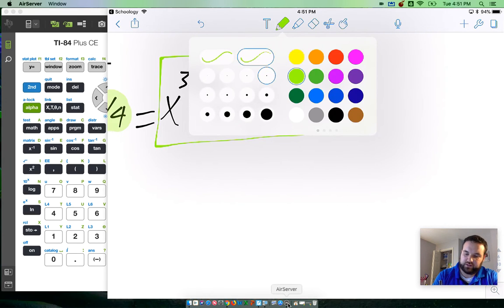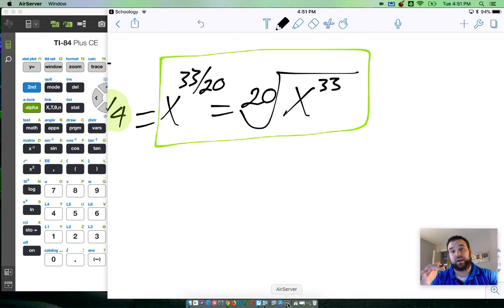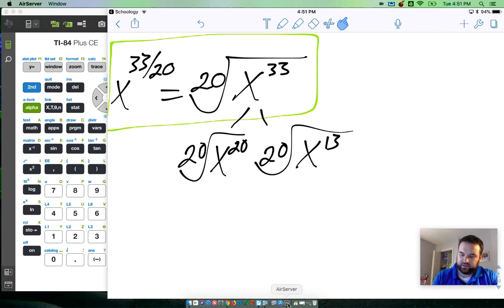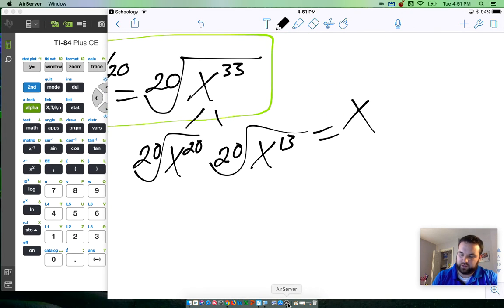What you may see online is that they break down that x to the 33rd into the 20th root of x to the 20th, because I can do 20 divided by 20, and then the 20th root of x to the 13th. If these last 30 seconds of this slide, you're thinking, what in the world is going on?